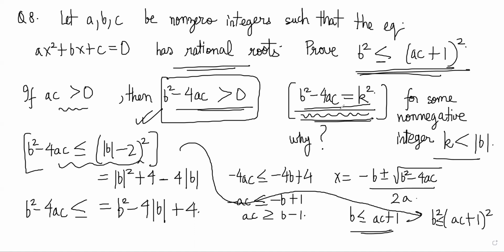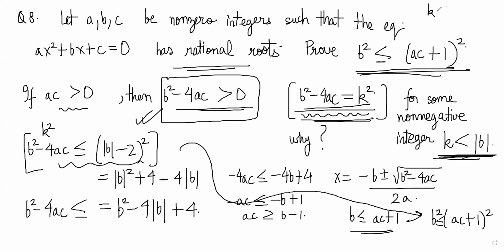We know that mod B minus 2. B square minus 4AC is equal to, we know it is K square. B square is less than, right, right. We have K is less than equal to mod B, right?